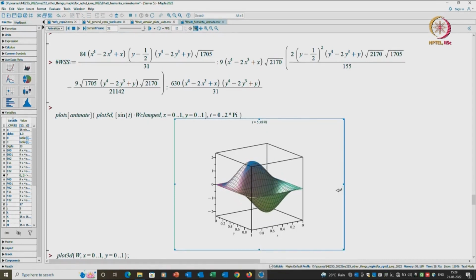This is a higher mode, it's like a 1-2 mode. There are 2 half cycles in this direction, 1 half cycle in the other. Again 0 displacement at the walls and 0 slope at the walls.